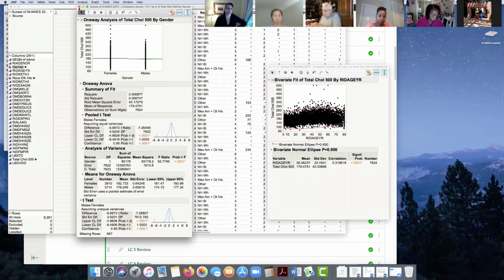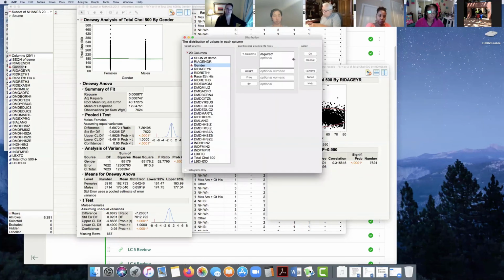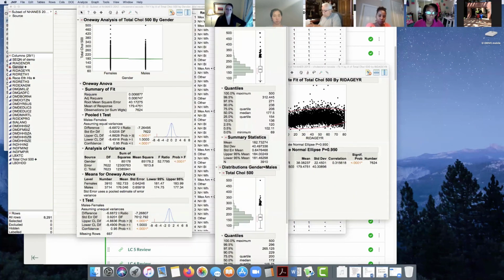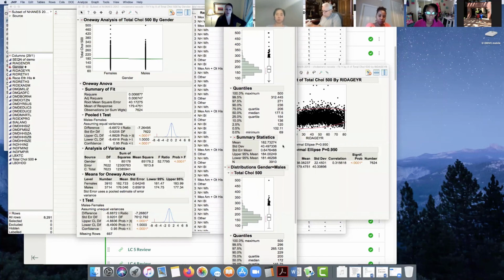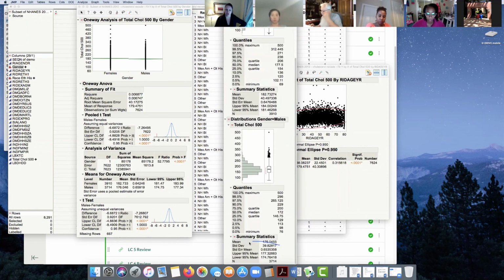So when you do a distribution of total cholesterol by gender, we can see that we have a standard deviation of 40.497 for females, and for males it's 39.82. So they're virtually identical.